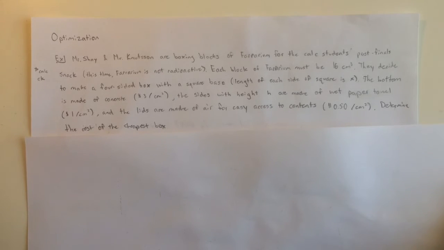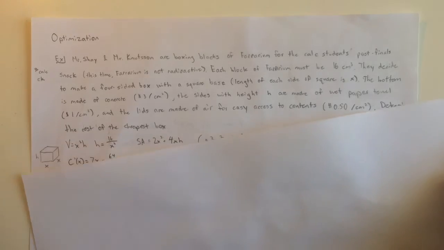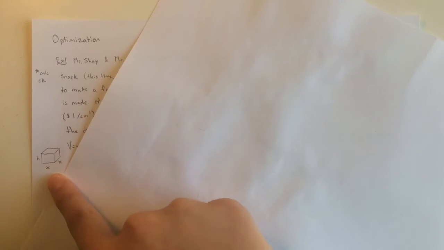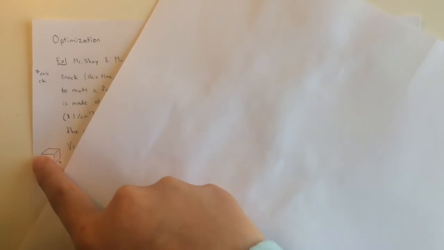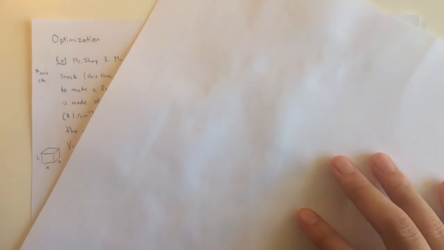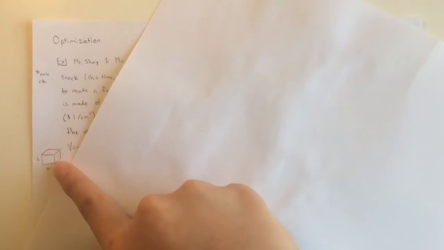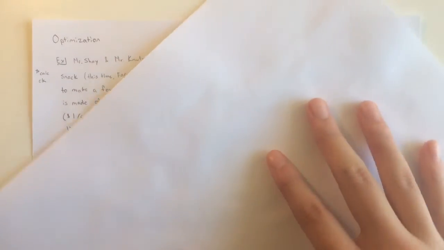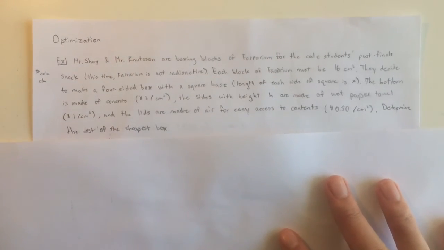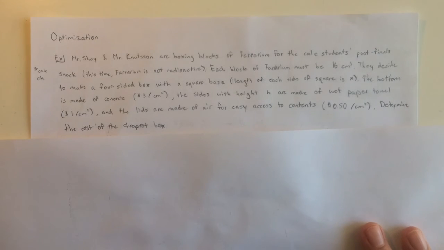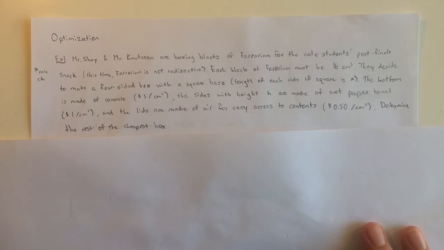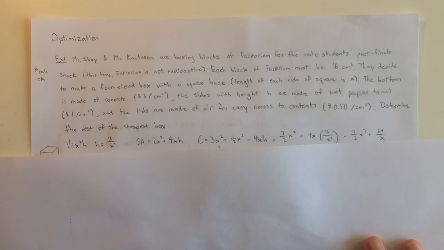So what I like to do with optimization problems is I like to draw a picture. So this is the picture that I drew, and it's really simple. It's just a box, and then the two sides of the base are x, and then the height of the box is h. So we want to find the minimal cost of this box. So two equations that are very handy are volume and surface area for optimization specifically, and for this problem.